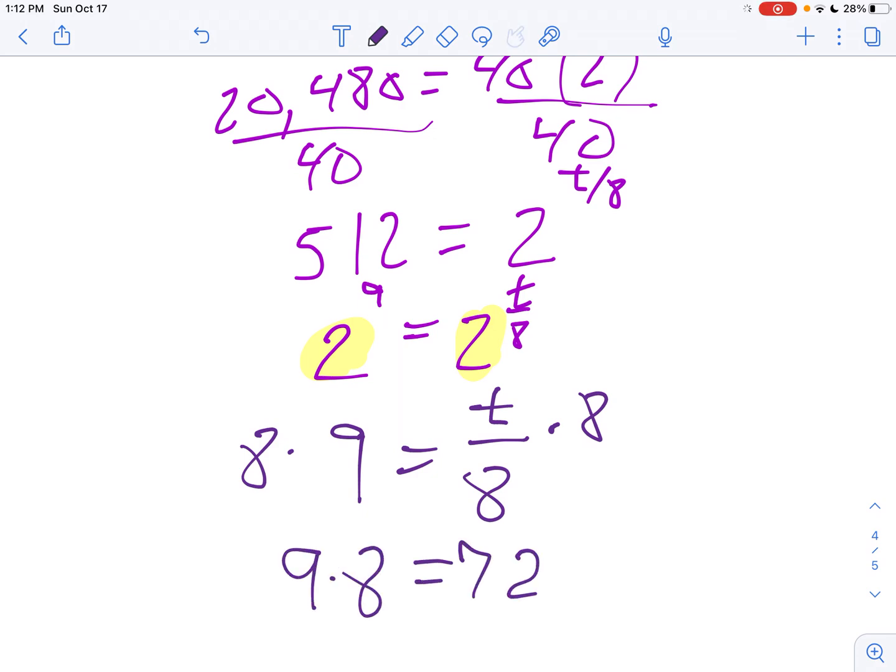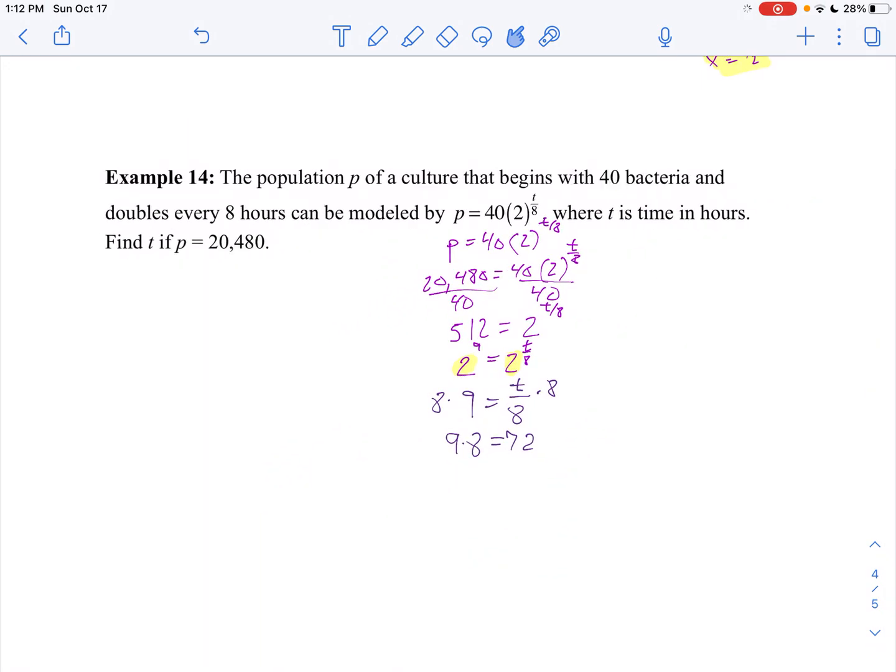Now, since this is an application problem, make sure you answer with units. I'd like a complete sentence, but at least have units. So I would say the time would be 72 hours.